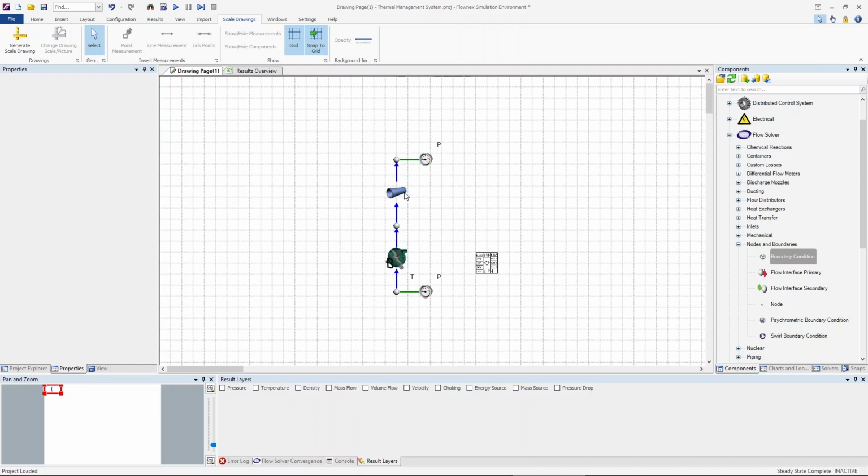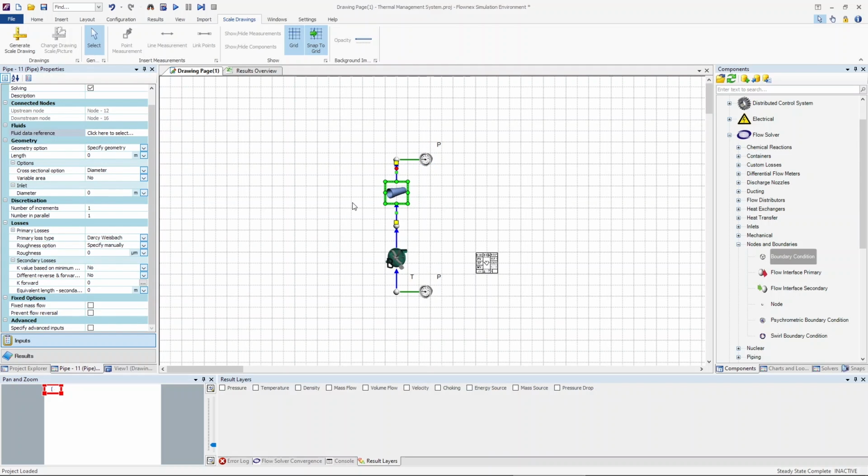Then let's include the geometry for the flow channels. This typically does depend on your specific thermal management system's geometry. The length is 0.5 meters, and let's give it a diameter for one channel of 5 millimeters, and then a roughness of these pipes of around 30 micrometers.